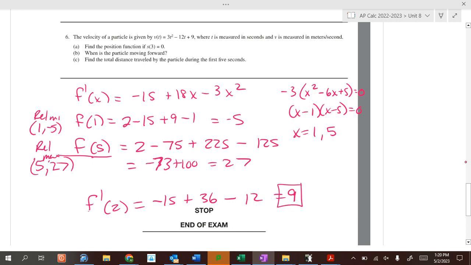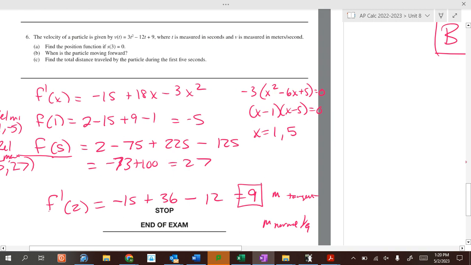So if 9 is the slope of the tangent, the slope of the normal would be 1/9. Okay, the slope of the normal is 1/9. Am I on the right track? Yep, or negative 1/9, excuse me, negative 1/9.